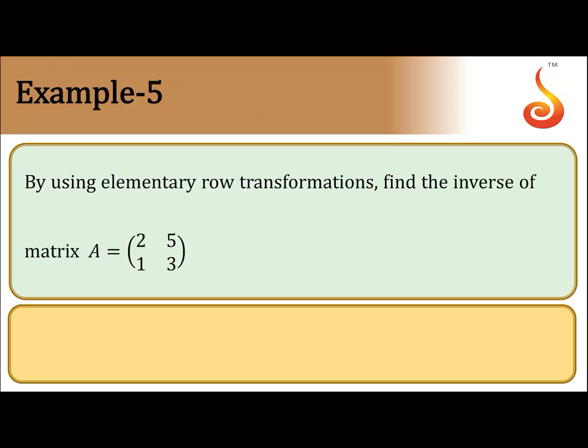So let us proceed now to the second one. Next example. Find the inverse of the matrix 2, 5, 1, 3. A is equals to 2, 5, 1, 3. Since I explained that one already, I will explain here directly by taking the simplifications. I would take up the first one.